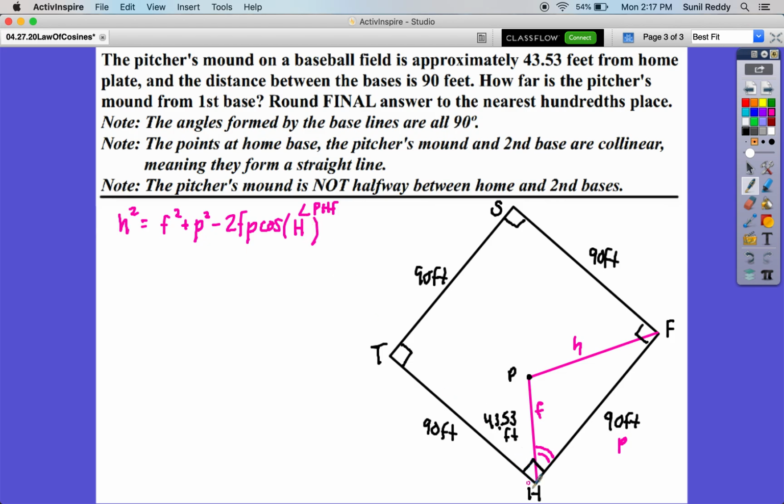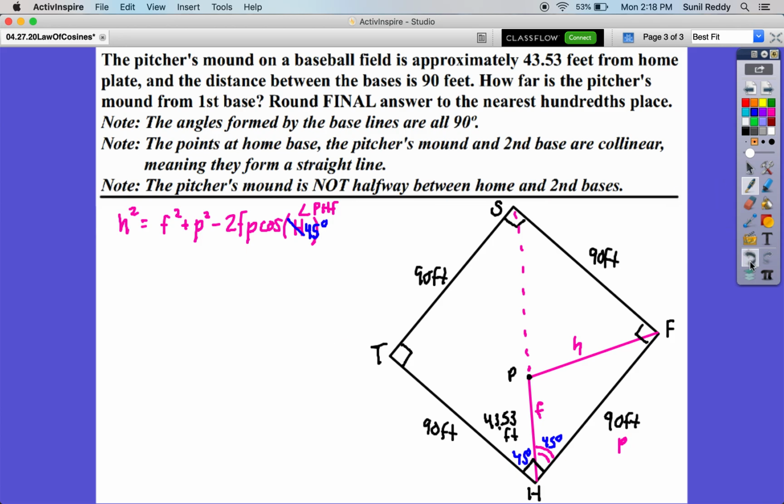But because we knew that the 90-degree angle is cut by segment PH, which if we continue it to second base is actually just the diagonal of the square we have here, then we know that the diagonal of a square bisects the angle of the square. So that 90-degree angle actually creates two 45-degree angles, which means we now know in this equation here that this big H is really 45 degrees.